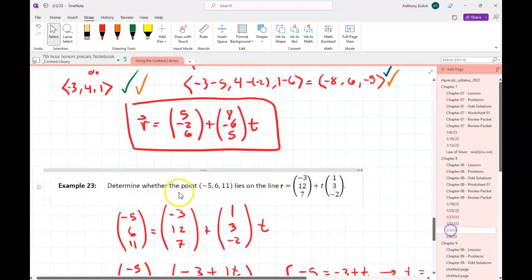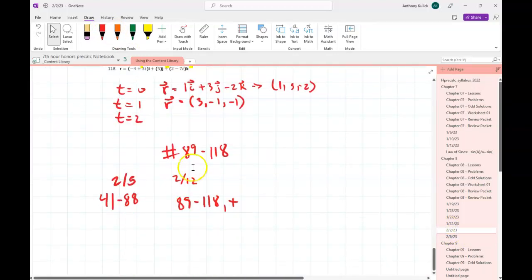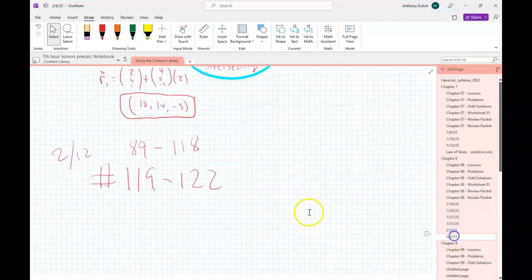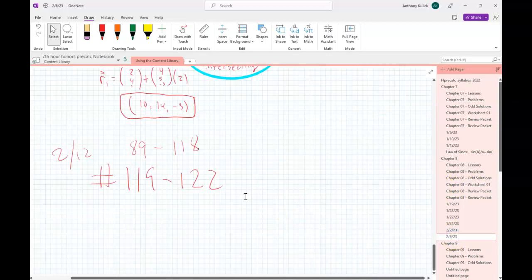No, 88 was this Sunday, I thought. Yeah, it was due yesterday. Next Sunday, we had already assigned 89 to 118. That's okay. I just wanted to make sure we're all on the same page, that you guys were on the same page.